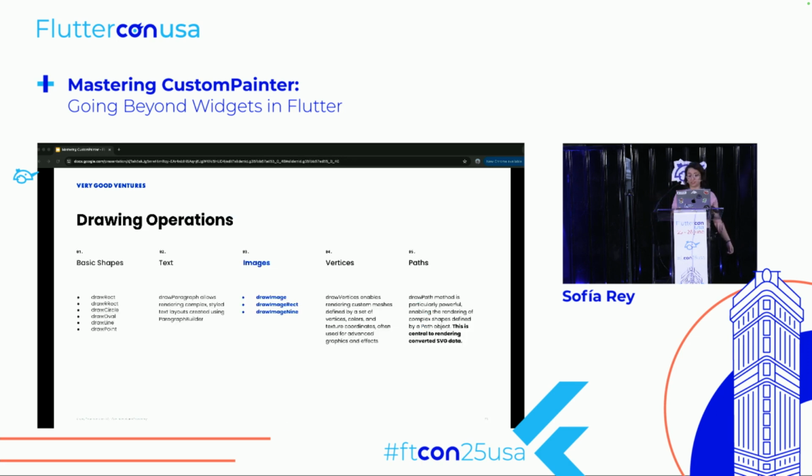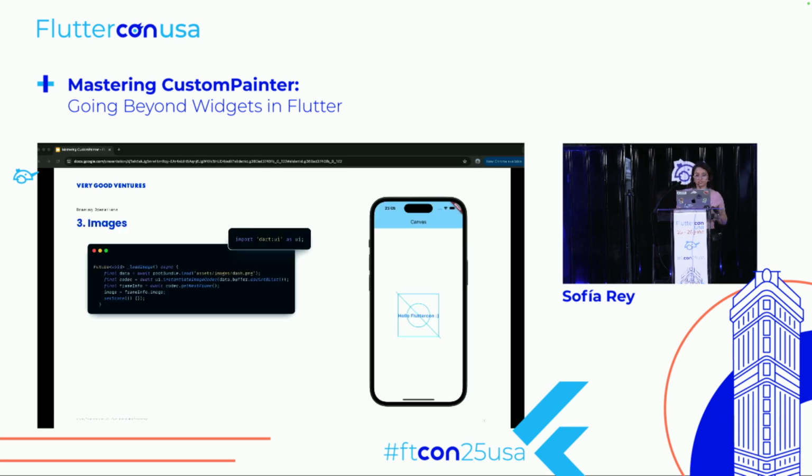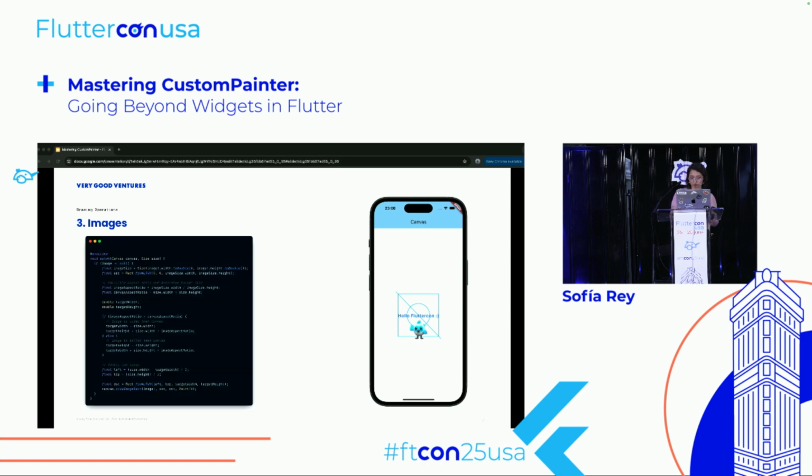Now let's talk about images. Same applies here. You will only use this if you are already rendering on a canvas. Otherwise, you can normally use widgets for images, right? So in this case, we first have to load our image as an image from the Dart UI package. And after we have that image, we can actually use it in our code.